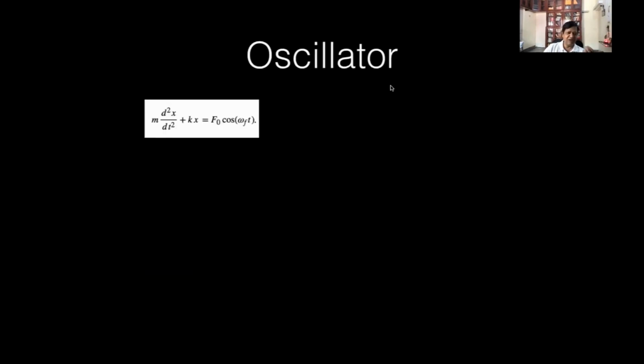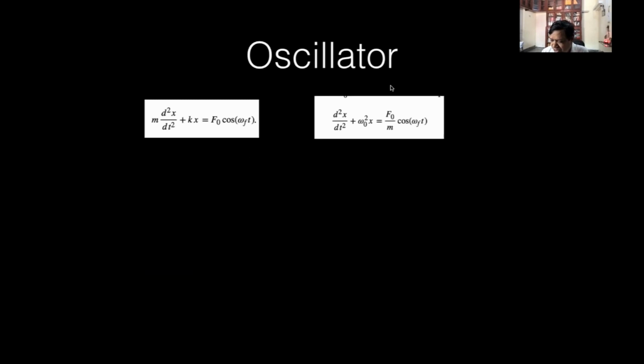So I'm going to start with an example, an oscillator. Okay, the classical oscillator. The spring mass is m, and the spring constant is k. The position of the mass is x, and it is forced with frequency omega f. So how many parameters do I have in the system? Can somebody tell me how many parameters? You know what a parameter is, no?